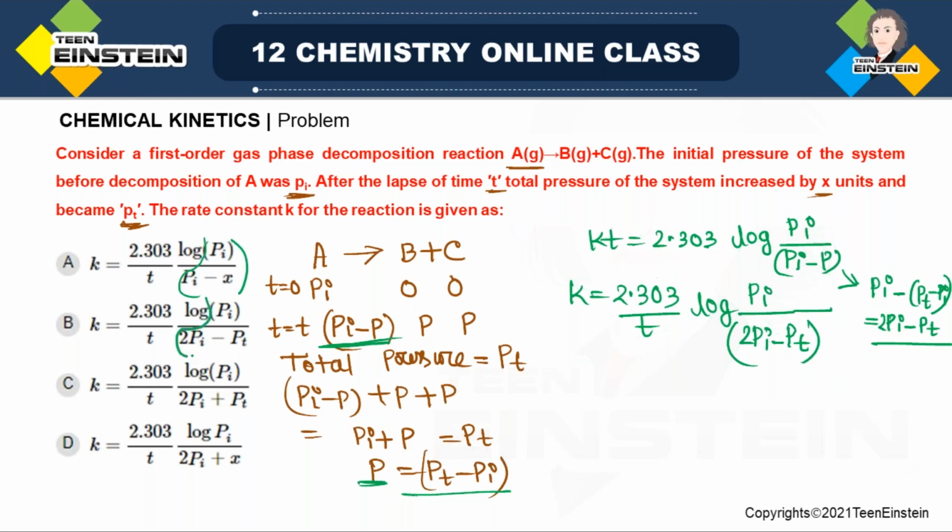Okay, log is for both the term. So it seems as if it is log Pi divided by 2Pi plus Pt, but that is not the case. It is log of Pi divided by the quantity that is given. Okay, so log is common. Any doubt? Which option correct? Tell me. Look at this expression carefully and compare with the options.